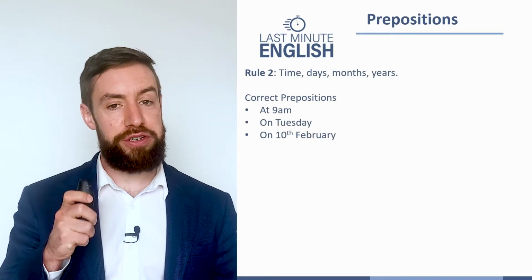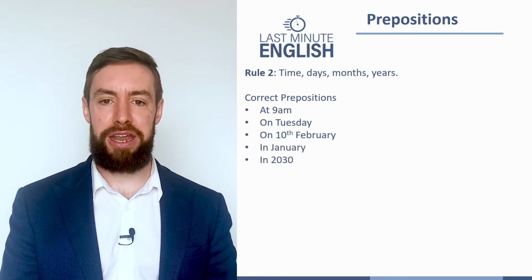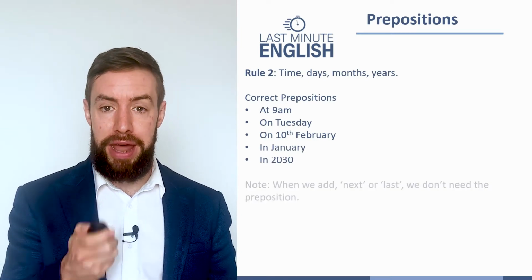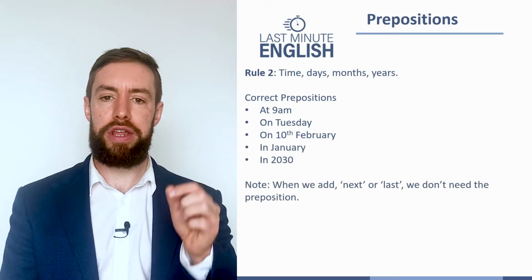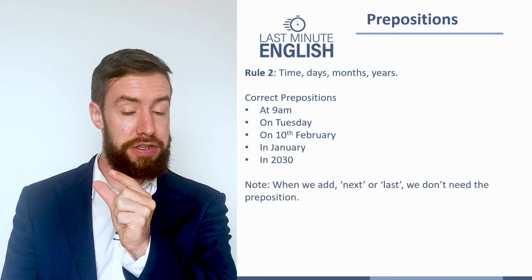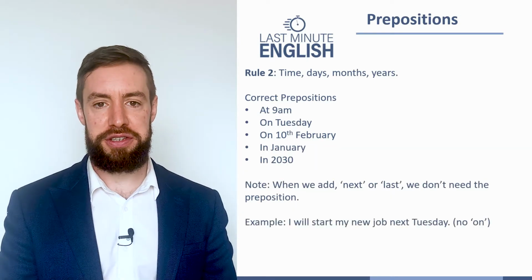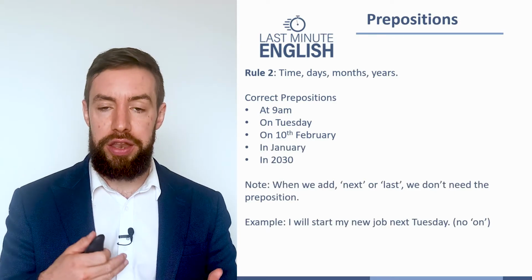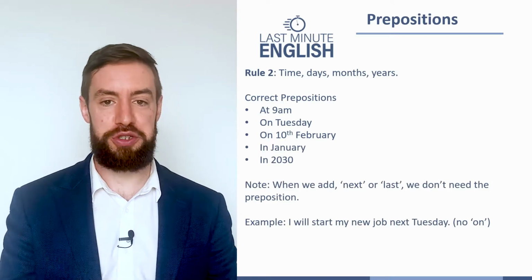And then if we're talking about months or about years, we say in January, in 2030. Now, one other thing to know is if we're talking with next or last, we don't need to use the preposition. So, for example, here, we're not saying next on Tuesday, we're just saying next Tuesday.